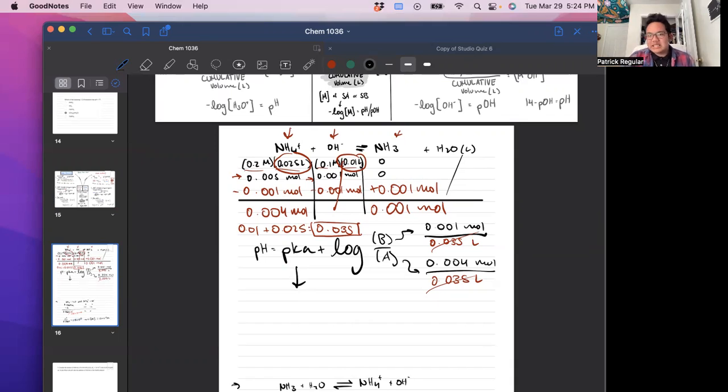Let's say it's like 3.5. So log of 0.001 over 0.004. You find the log of that, and you add it to 3.5, you get your pH.